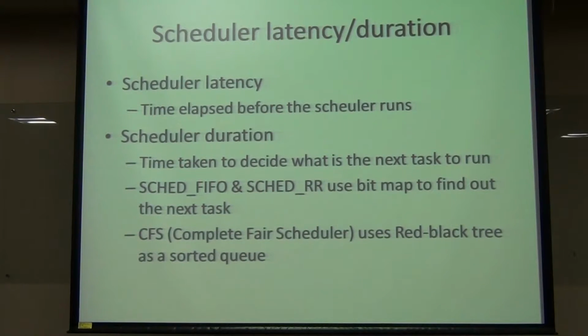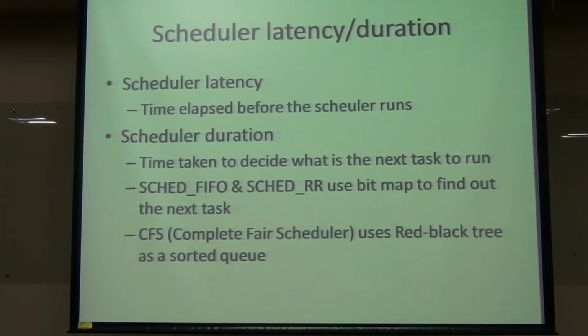All right, so I covered the interrupt latency as well as the preemption latency, and there are a couple of other latencies involved in Linux scheduling: scheduler latency and scheduler duration. SCHED_FIFO and SCHED_RR use priority queues and a bitmask to decide which priority is the highest, and then based on that you pick from the queue at that priority.